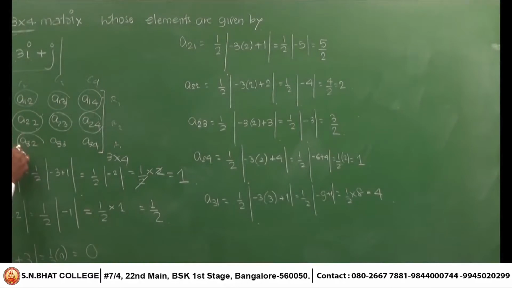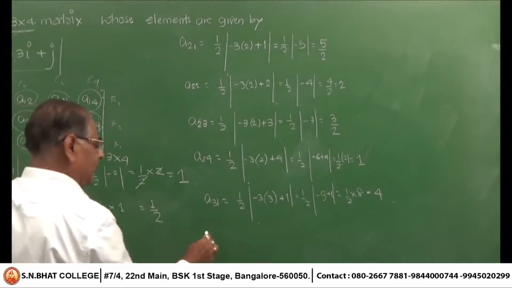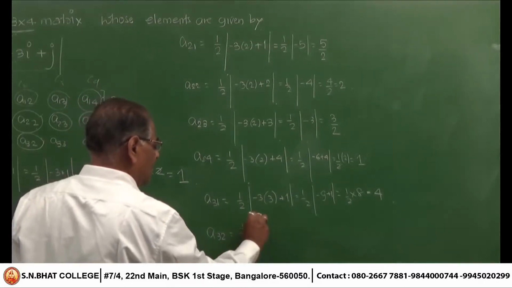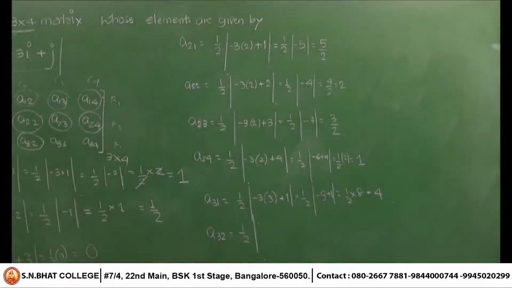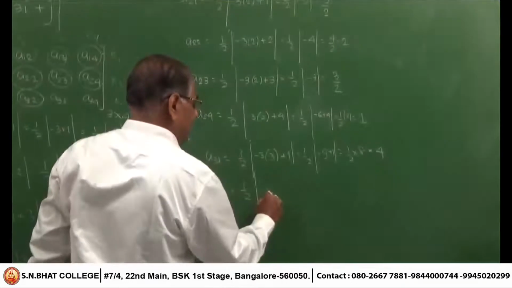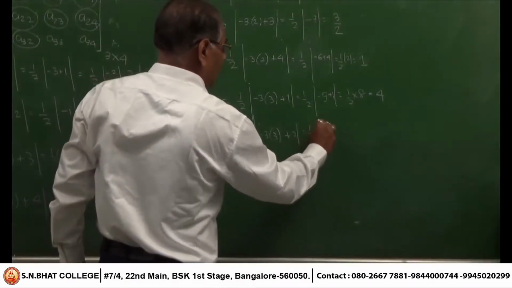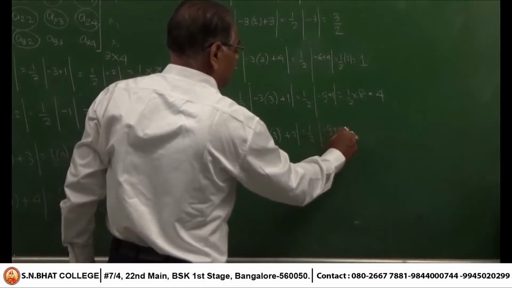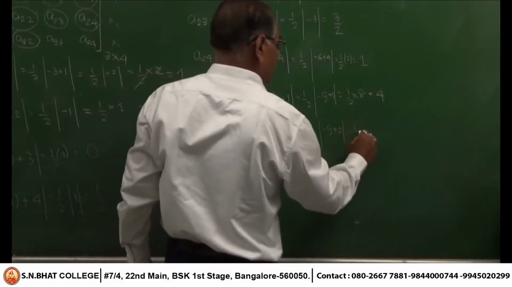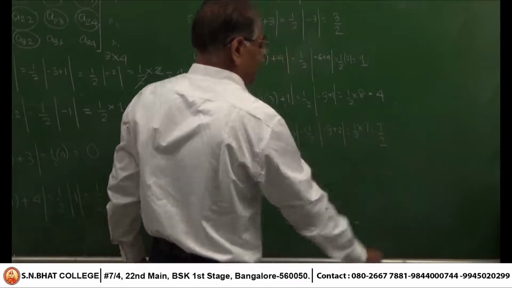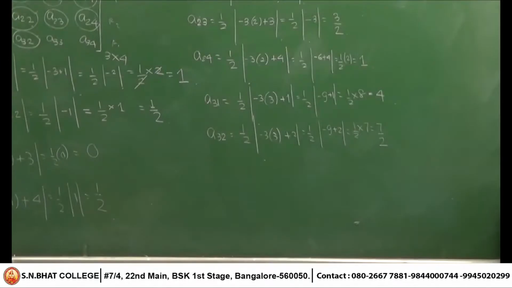Next you have to calculate the A32 element. A32: i is 3, j is 2. Half into modulus of minus 3 into 3, plus 2. This is half into modulus of minus 9 plus 2, which is modulus of minus 7, plus 7. Answer is 7 by 2.